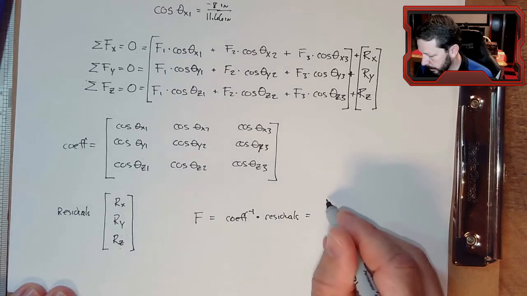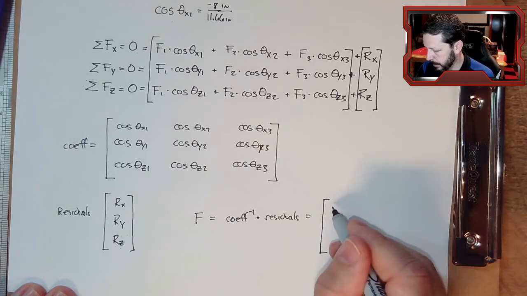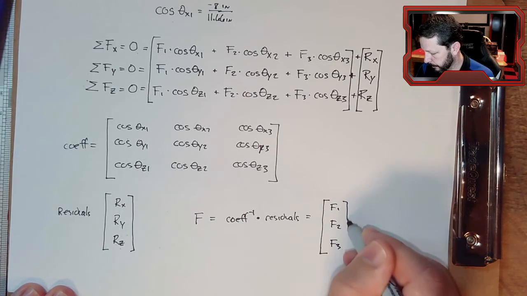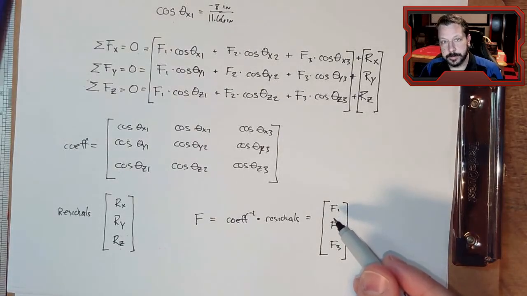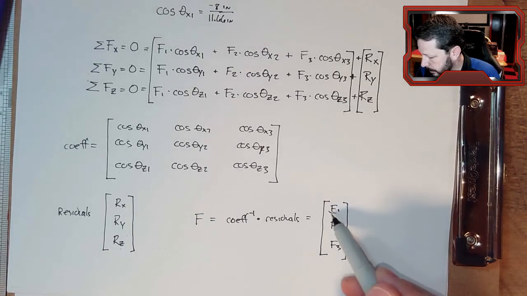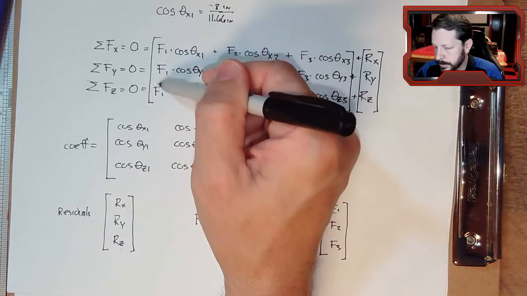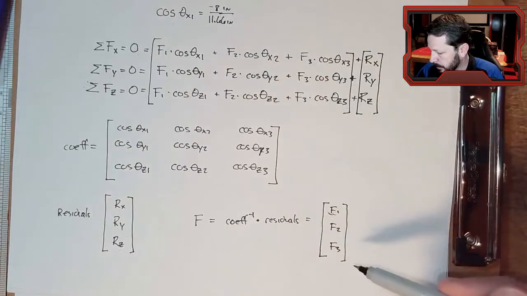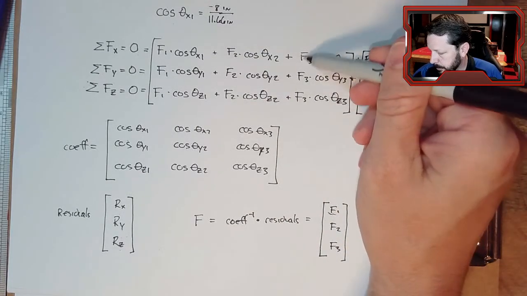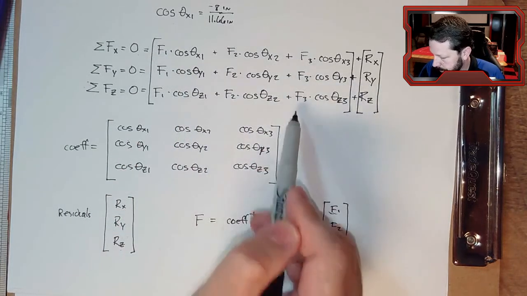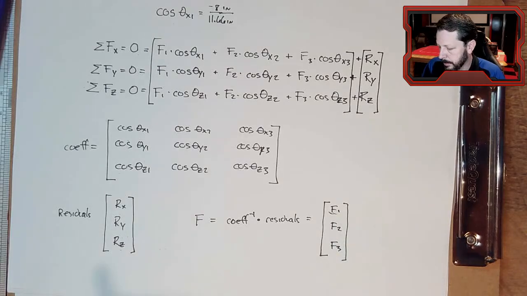And I would get out a third matrix that would be, in this case, F1, F2, and F3, the values of the forces in each one of those cables. What comes out first is whatever you had in the first column, what comes out in the middle is whatever you had in the middle column, and whatever comes out last is whatever you had in the last column. I did put them in order of 1, 2, 3, which made it 1, 2, 3 here, but it is whatever's in the first column.